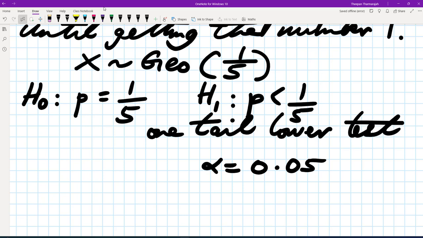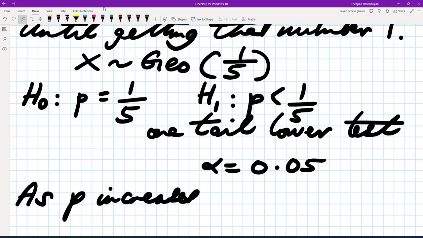So what we want is a critical region, but remember that we stated earlier in previous videos that as P increases, the mean of the geometric distribution decreases, or vice versa.